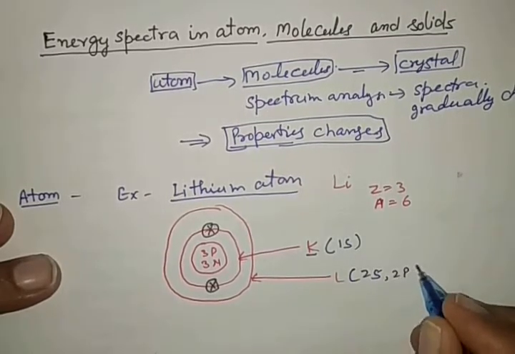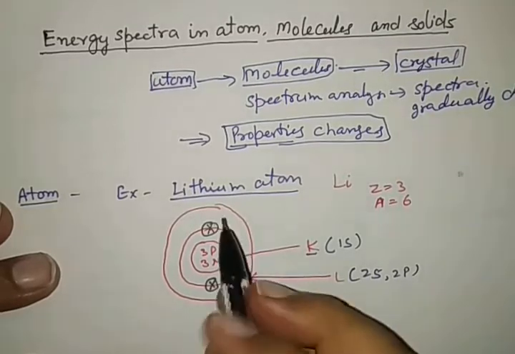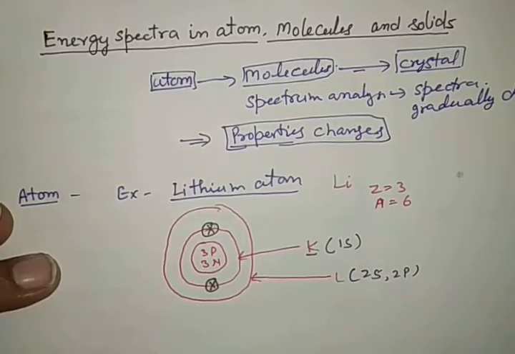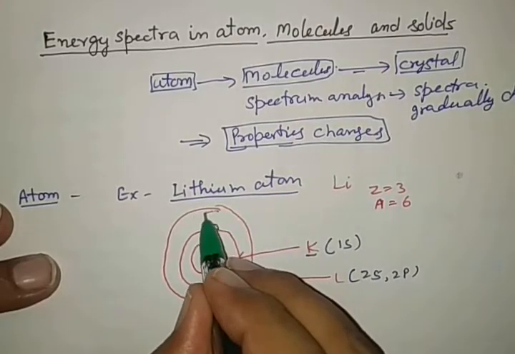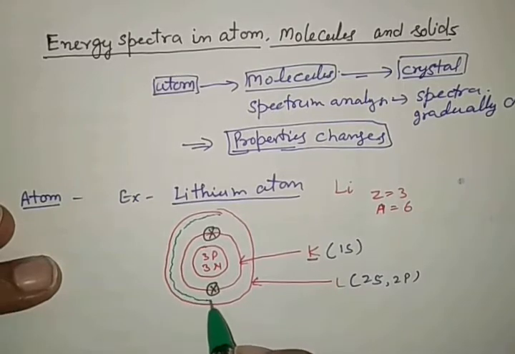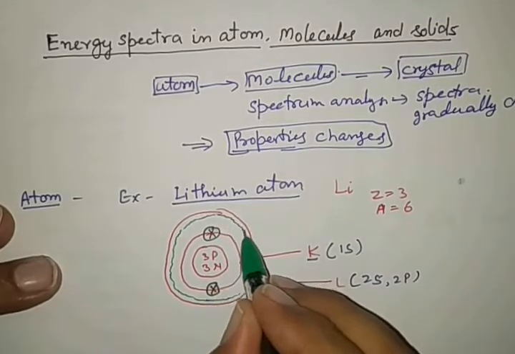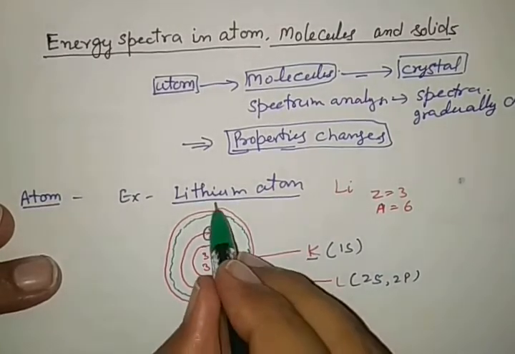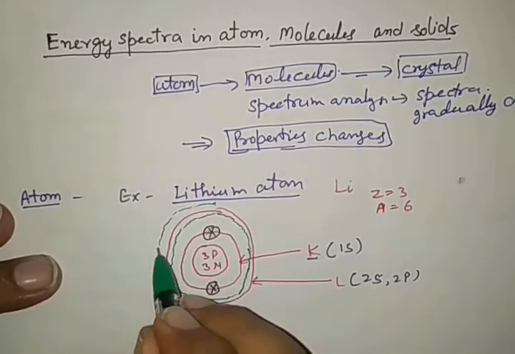These are 2s and 2p. See very carefully, the second Bohr's orbit is divided into 2 parts. One energy level is a little less than L and another is a little more.